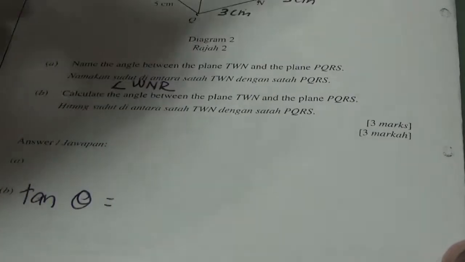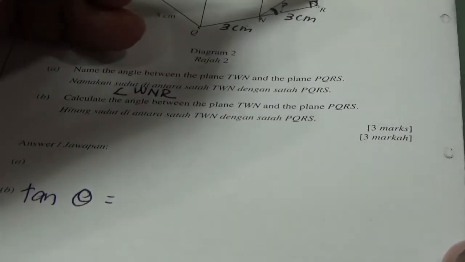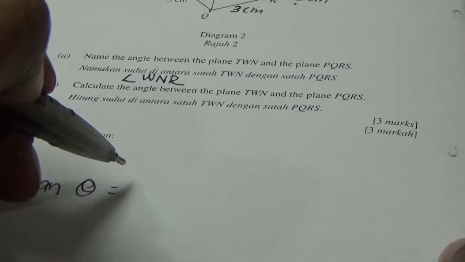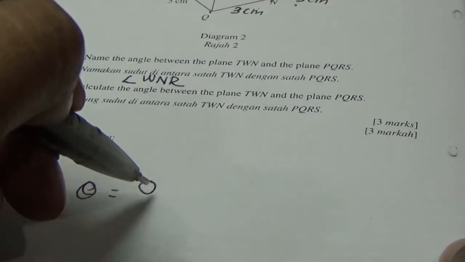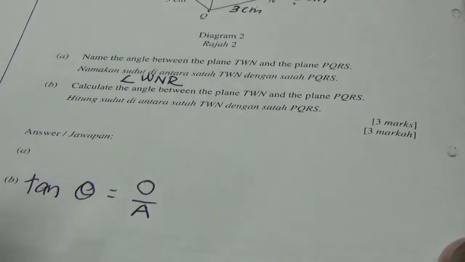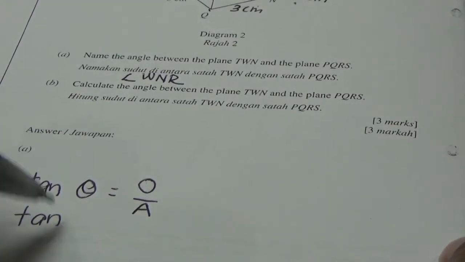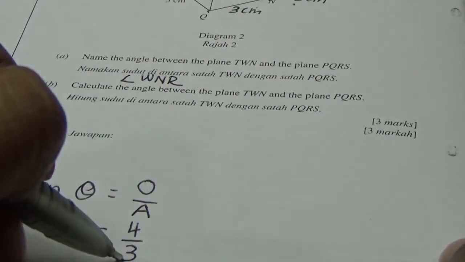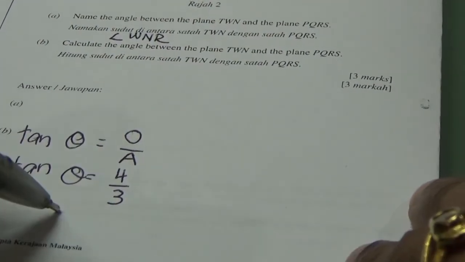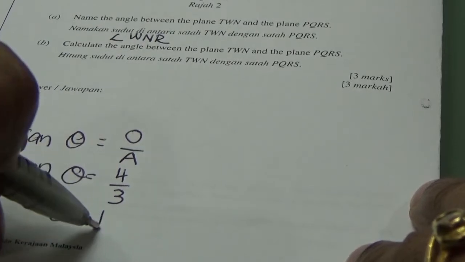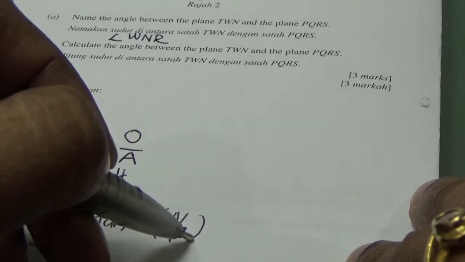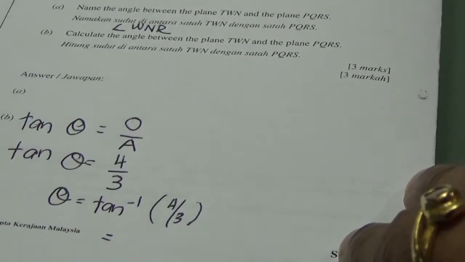Why tangent? Because we have opposite over adjacent. The formula for tangent is opposite over adjacent, so tangent theta would be opposite 4 over adjacent 3. Then using your calculator, inverse tangent 4 over 3 will give you the answer.